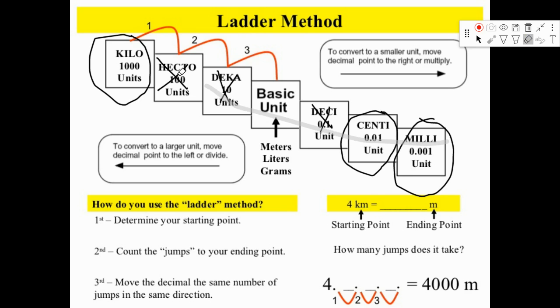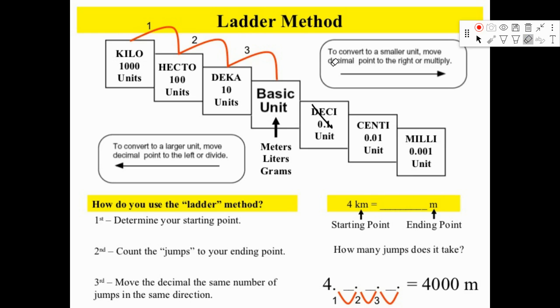So for this one right here, if you're going from kilometers to meters, then you're going from here, kilo, to meters right here. And so you move 1, 2, 3 steps to the right. And that just means, again, that there's a decimal right here at the end of the 4. And that means you just move 1, 2, 3 spaces to the right.